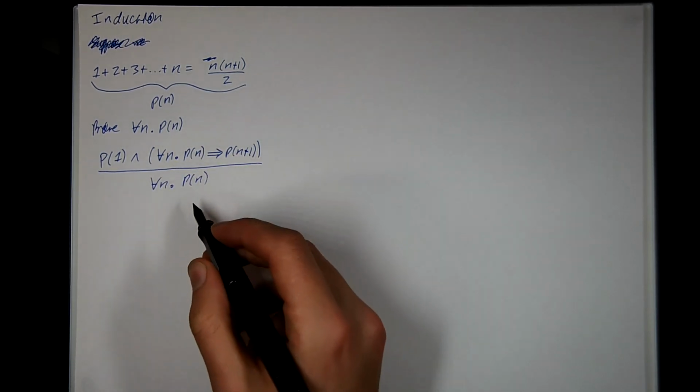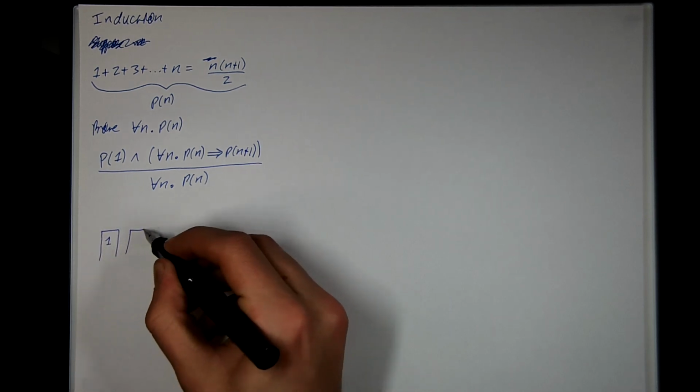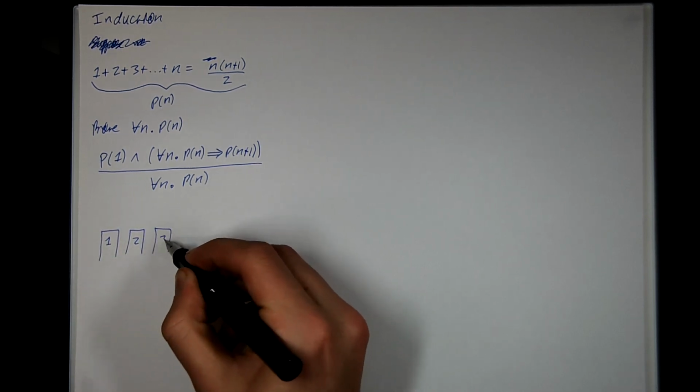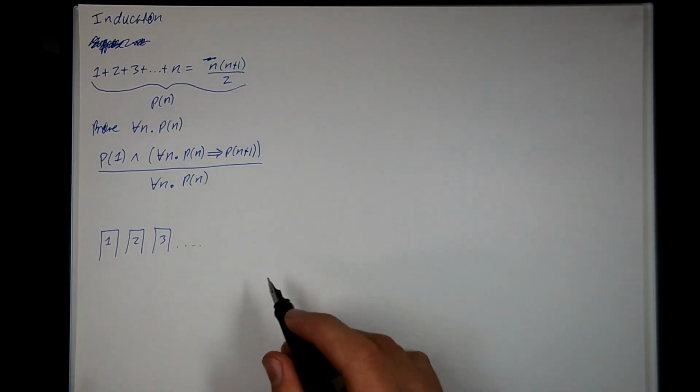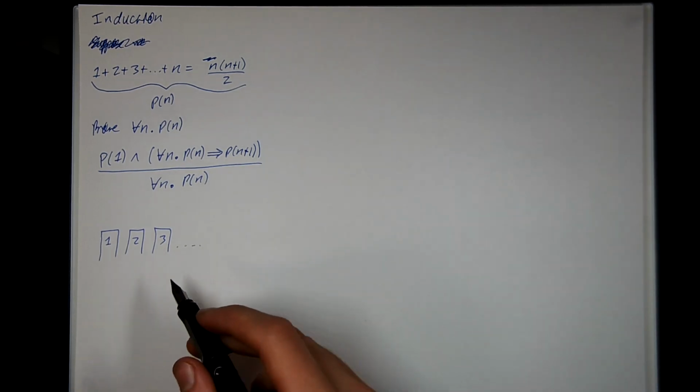So how does this work? I'll argue by analogy. Suppose I have a collection of dominoes, 1, 2, 3, etc. A whole bunch of dominoes stacked up in a row, and I want to prove all the dominoes fall over.